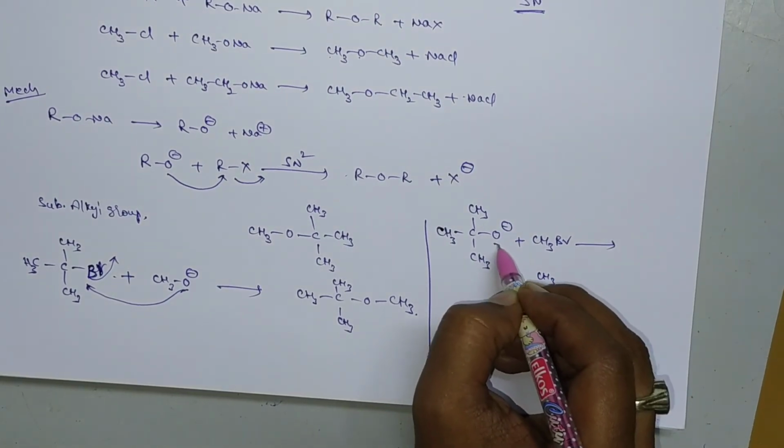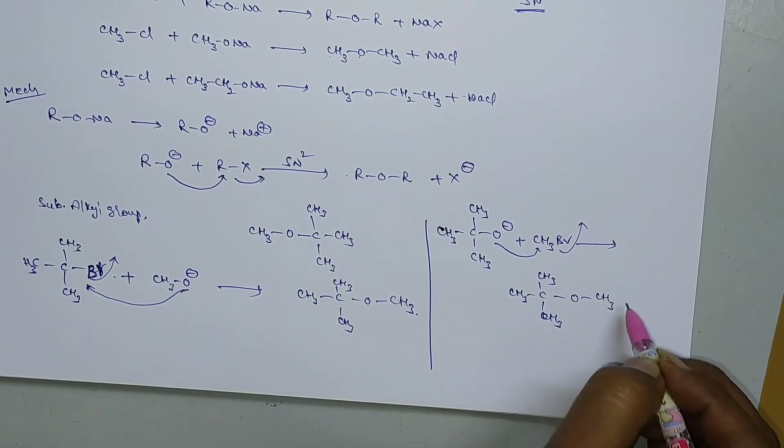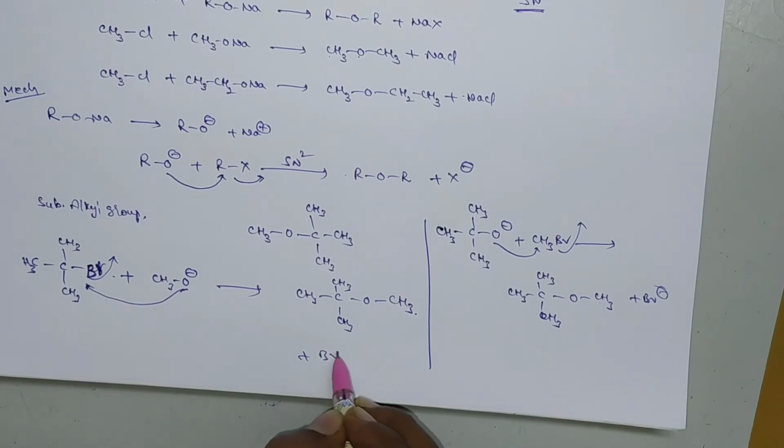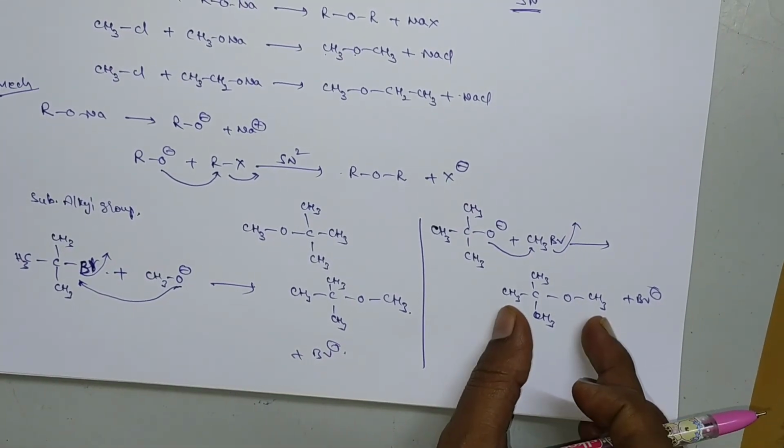Whenever this alkoxide ion approaches this carbon, Br minus leaves, and it produces the ether plus Br minus. In these two ways we can prepare this ether.